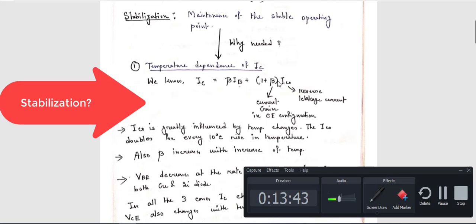That's why the collector current IC can be written as beta IB plus (1 plus beta) ICO. What is beta? Can you remember? Beta is the current gain in common emitter configuration.